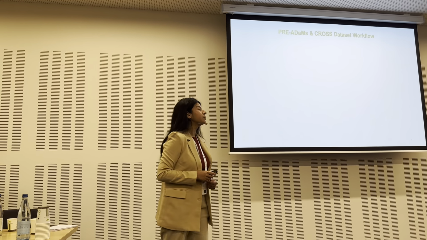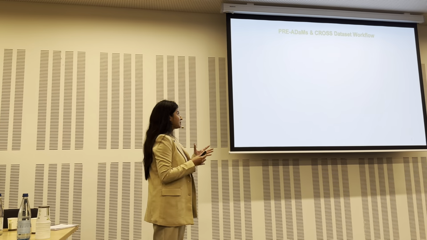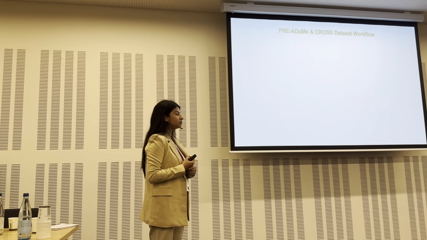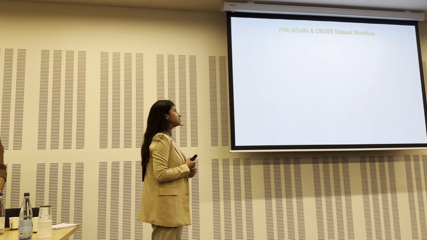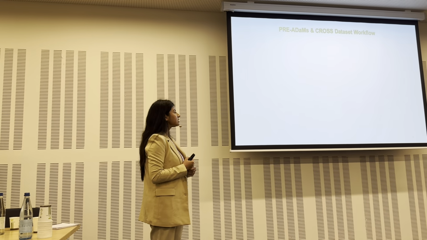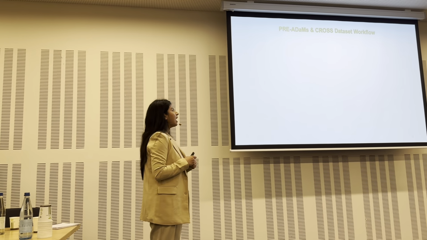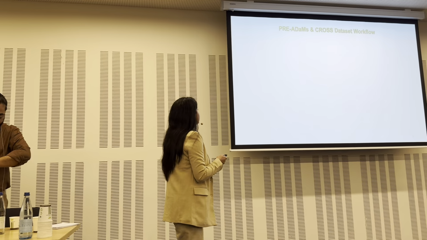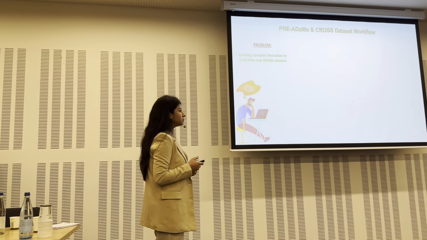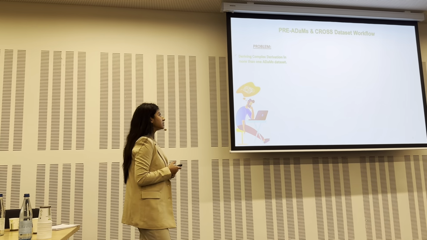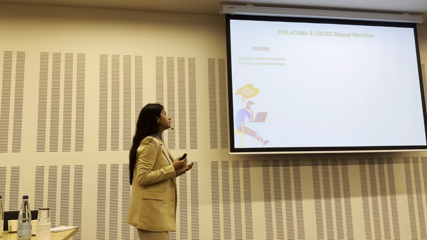In this example, Korak explained about pre-ADSL, but we will be talking more about pre-ADaMs and cross dataset. Cross is an intermediate dataset, and we will have a look further. So what is the problem statement? Why are we using so many broken datasets?